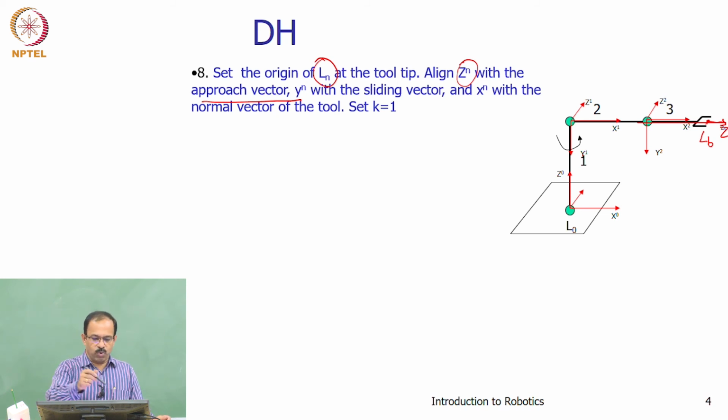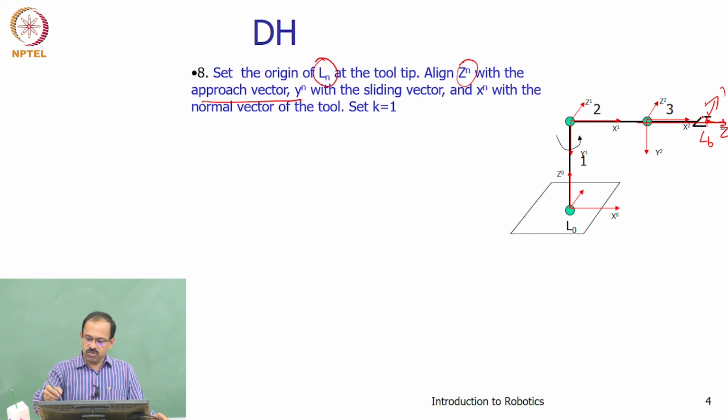Then align yn with the sliding vector. The sliding vector is this, it is sliding. The open-close motion is known as sliding, and then the normal one. So based on y and z, you will get the x also using the right-handed coordinate frame rule.